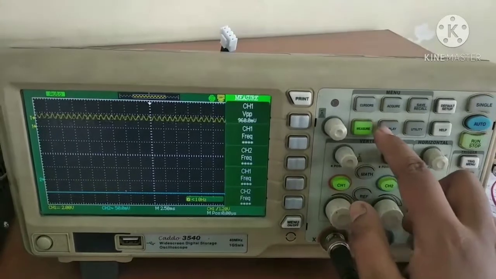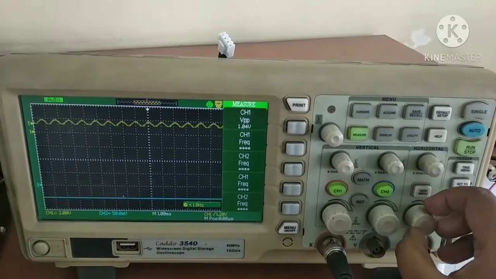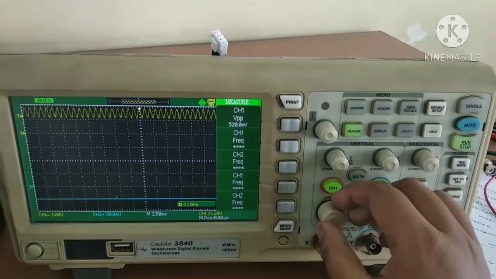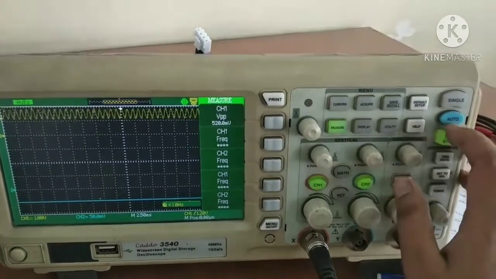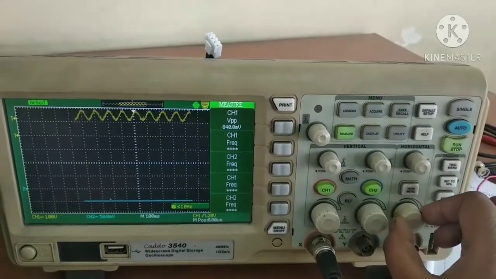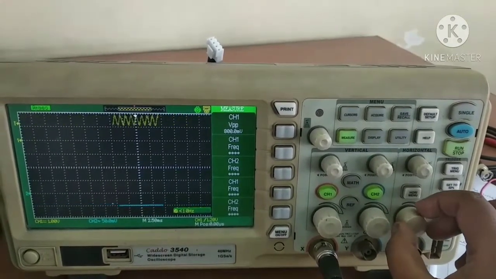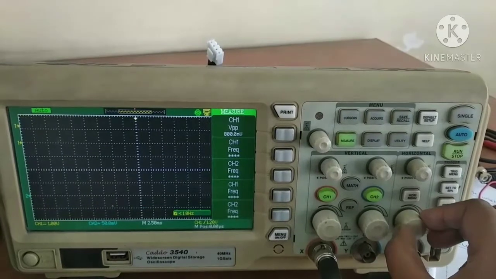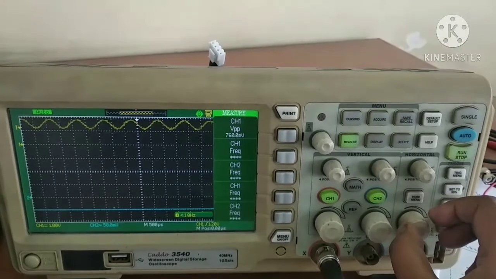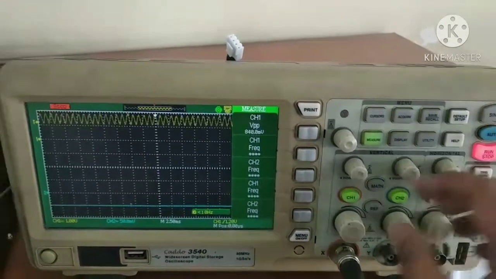Need to press measure. Then press the stop button.